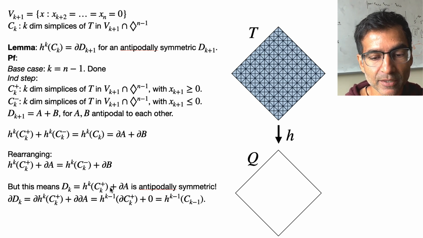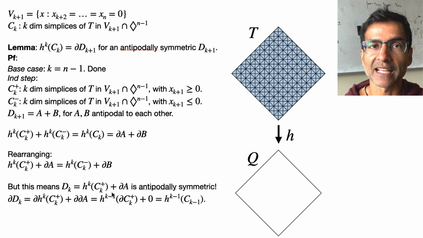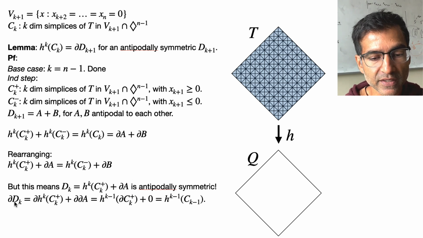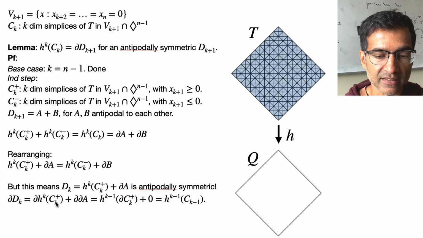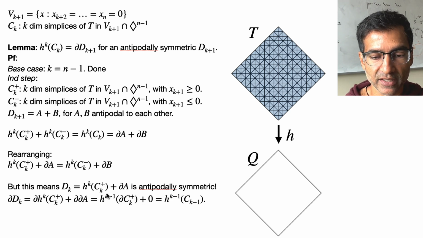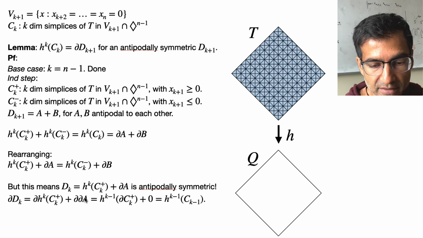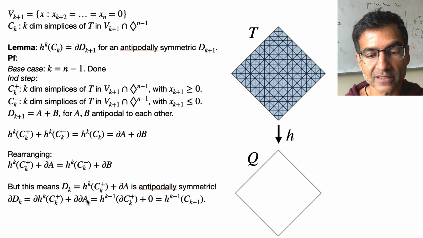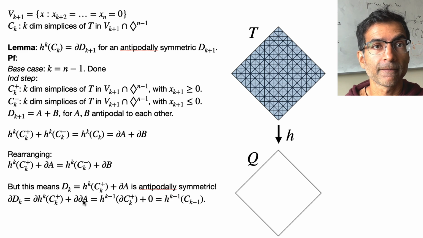So define d_k to be the left-hand side here. It's antipodally symmetric. And now if you take the boundary of d_k, okay, that's the boundary of the left-hand side here, what you see is the first term, again using the fact that the boundary operator commutes with h, is equal to this quantity. And the second term here is 0 because it's the boundary of something.